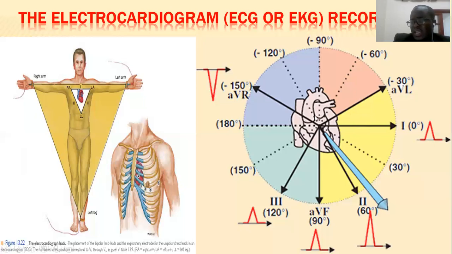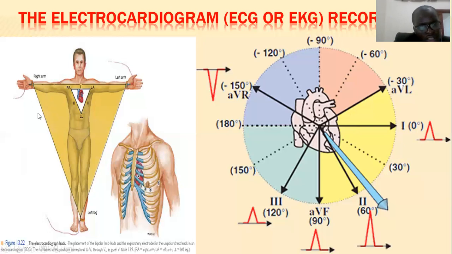But you appreciate now, since you know the axis for these leads, so you have lead one, then you have lead two, then you have lead three. Lead two, how do you locate lead two? If this is your lead one, which is at 0 degrees, just 0 degrees, you can see here, lead two is forming 60 degrees because I said this is an isosceles triangle.